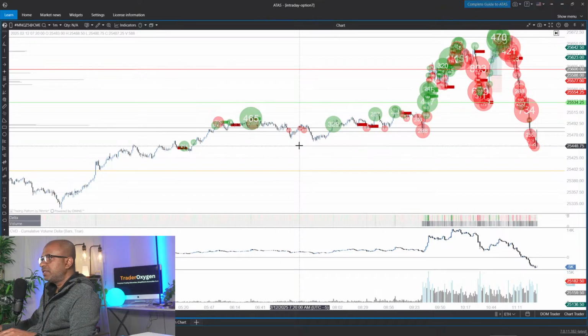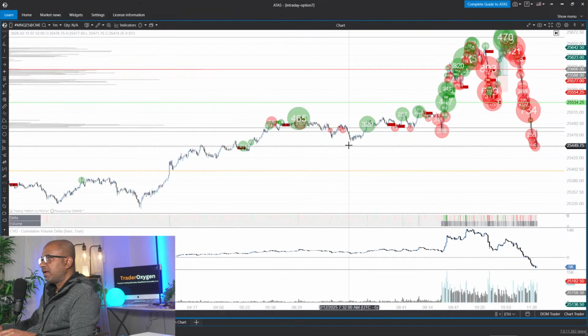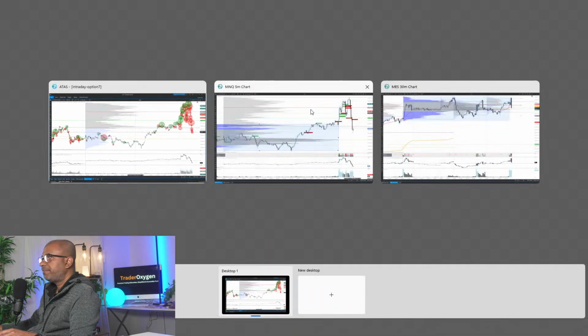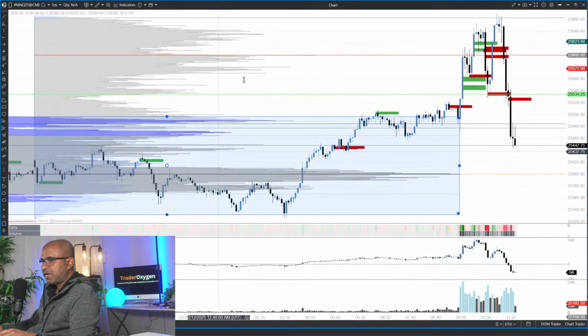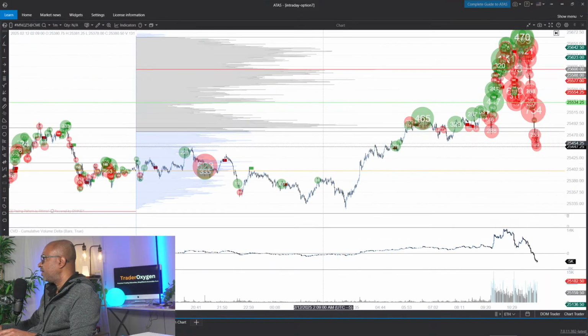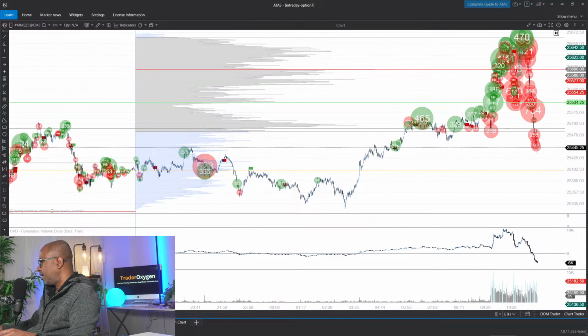So I'm going to draw the range over here, which is similar to the 5-minute range I drew over here. I will move the 5-minute chart to the other screen, and let me go into the S&P 500 chart.